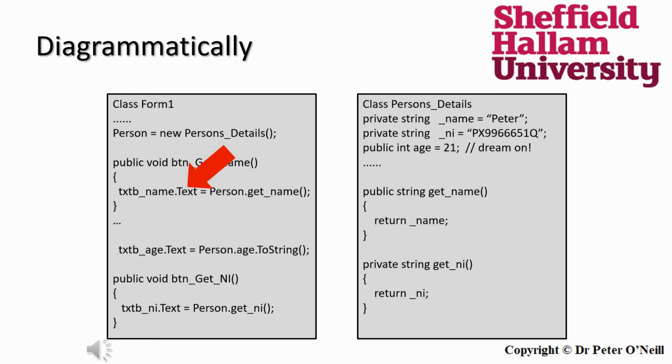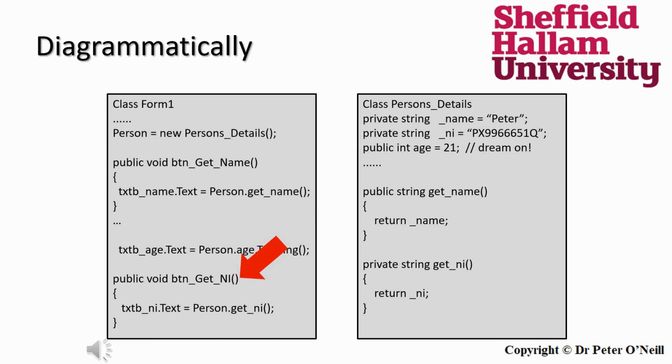Okay? Now age can just be got like this. So we've got person age, so it gets to age, and it's public, so it knows it can access it, and it converts it into a string, and then assigns it to the text in the text box of txtb underscore age.